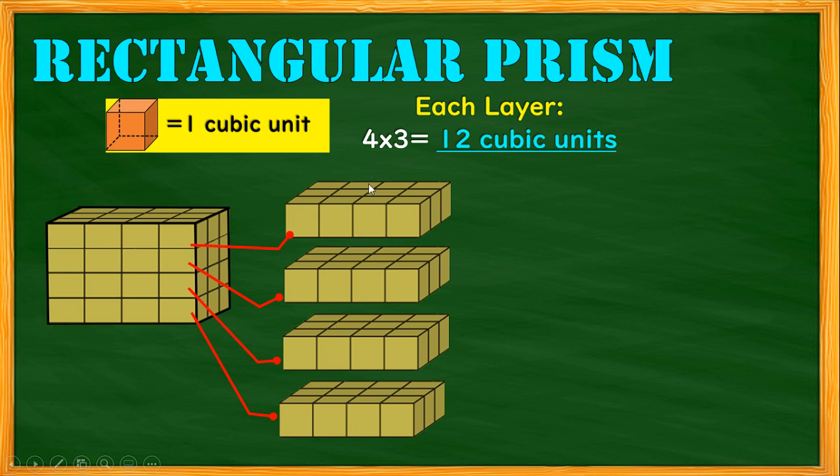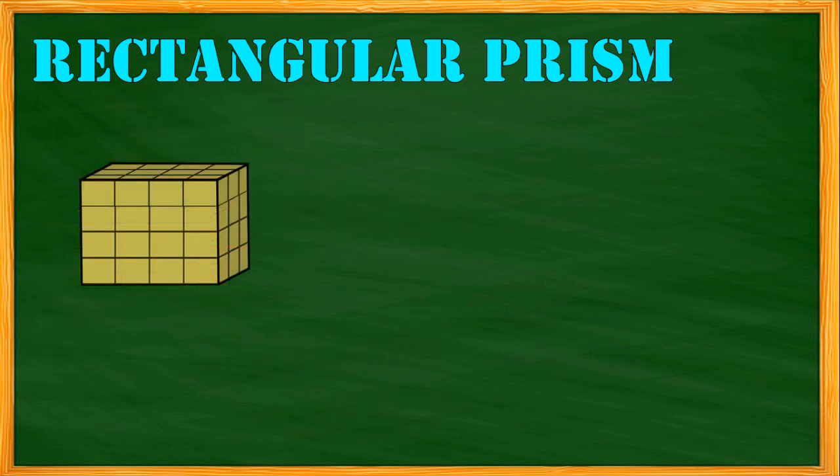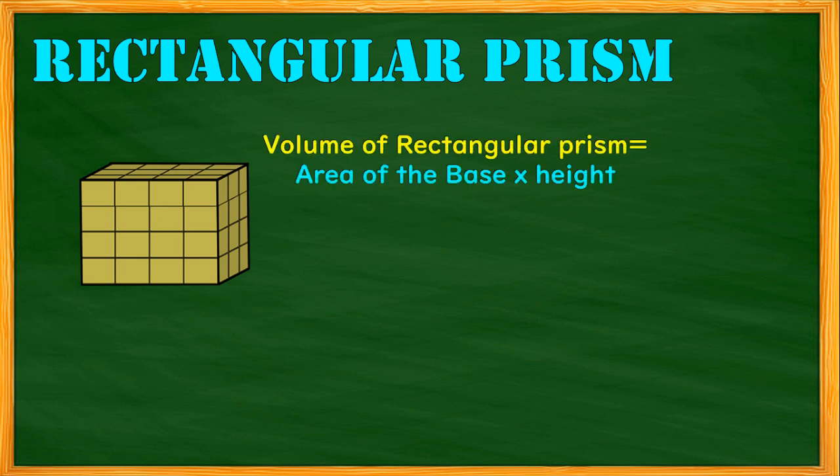So that will be the area of the base, 12 cubic units. All in all, we have 4 layers, and 4 multiplied by 12, the answer is 48 cubic units.